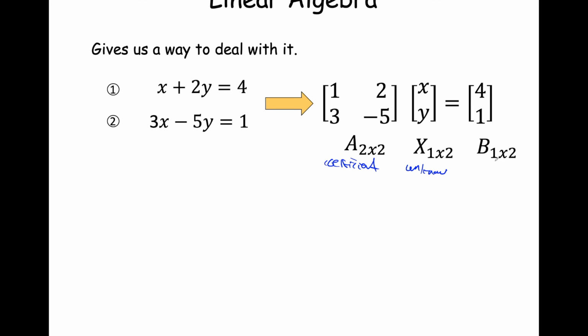It's going to be also 1 by 2. Now, if we take these equations, we can rewrite this entire linear system as AX equals B, instead of m equations and n unknowns. I'm just demonstrating it with 2 equations, 2 unknowns, but this works equally well with m equations and n unknowns.